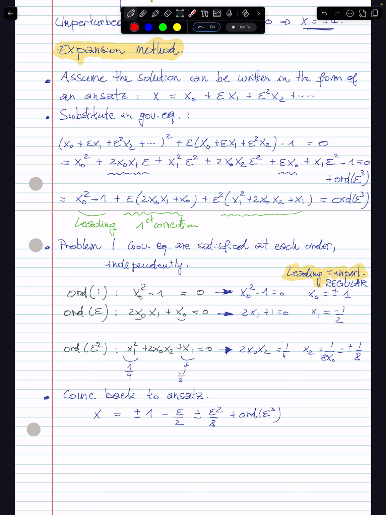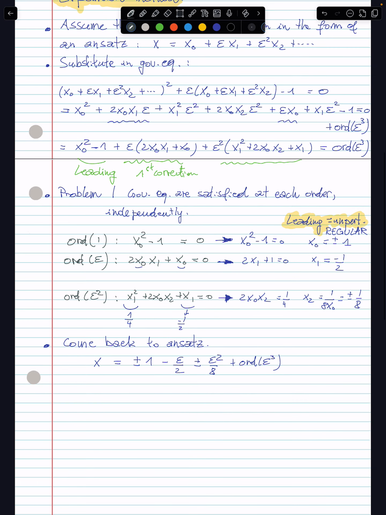All right, so what is very important to remember here is that we use the expansion method. The expansion method is based on what I'm calling here a regular ansatz.